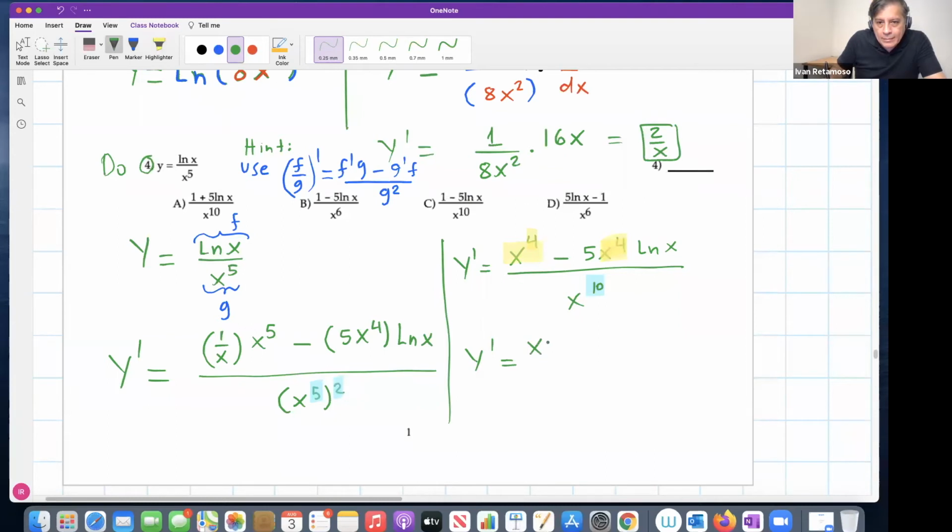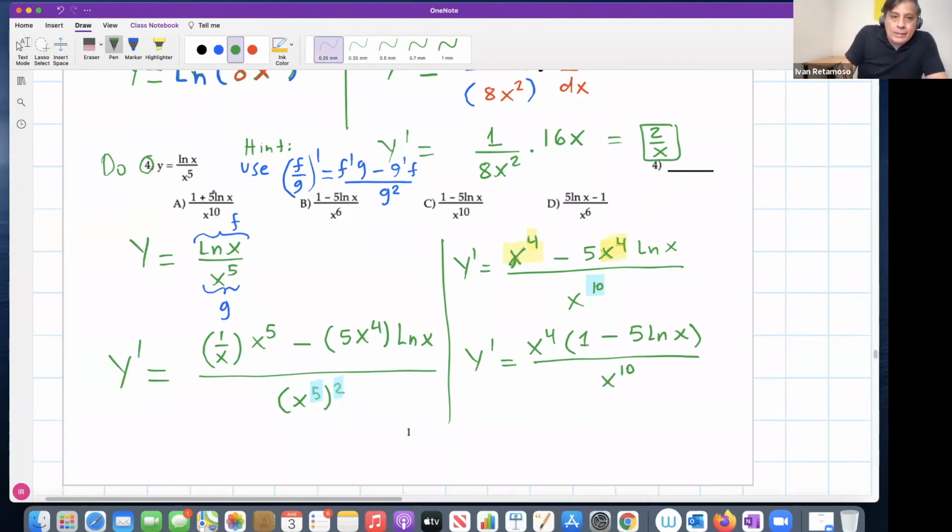So x to the 4 out, is this and this out, and what stays inside here? X to the 4 into x to the 4 is just 1, minus here x to the 4 into x to the 4, 1, 5 times natural log of x stays there, right? And all this divided by x to the 10.